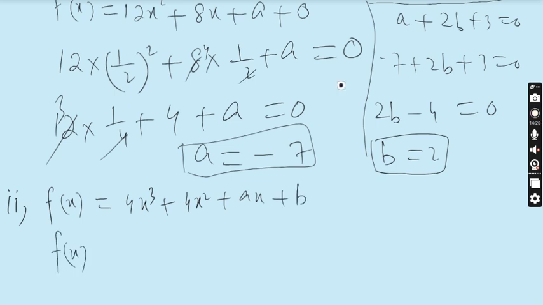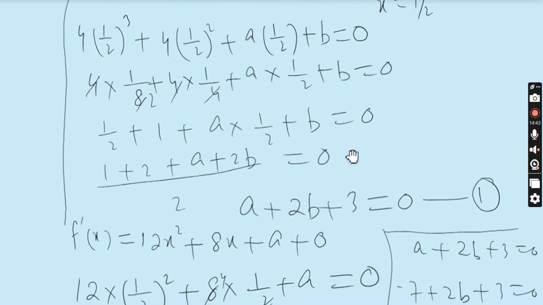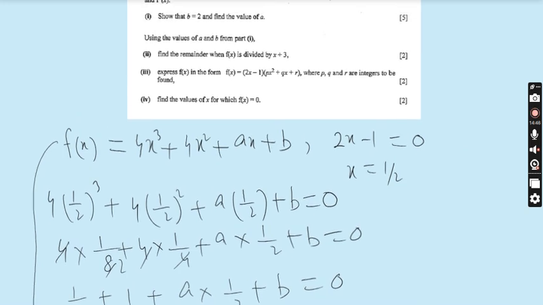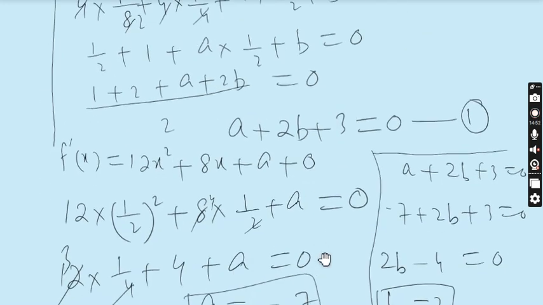Using the values of a and b means put the values of a and b in the given expression: ax is negative 7x and plus b is 2. Now what is the question? See again. Using the values of a and b from part 1, find the remainder when f(x) is divided by x plus 3.